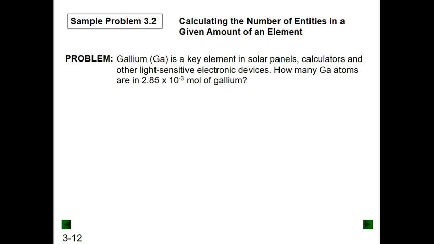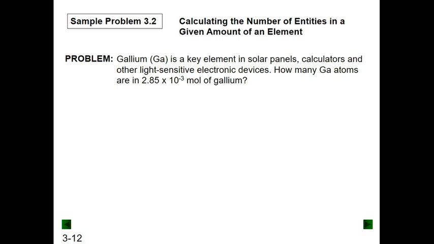To do that, we start with the quantity we have and we go for atoms. We know that 1 mole of gallium atoms contains 6.022 times 10 to the 23 atoms.